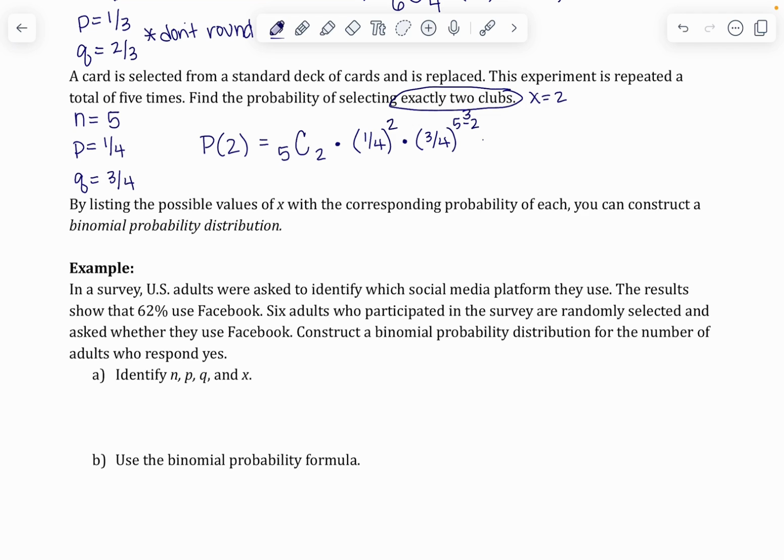All right, try plugging that into your calculator. And you should get approximately 0.264.